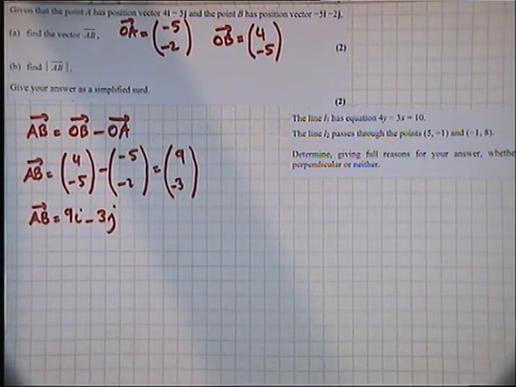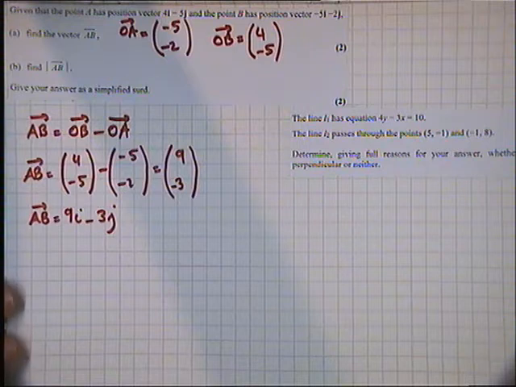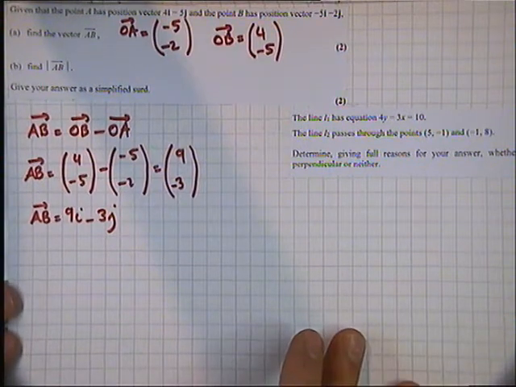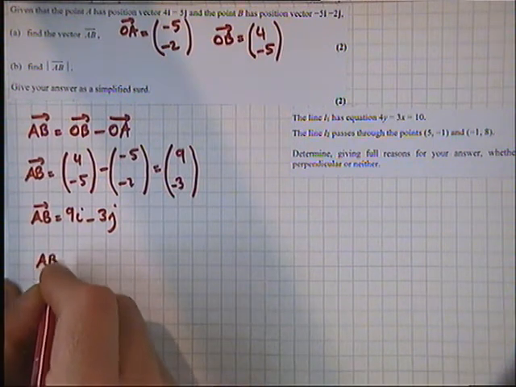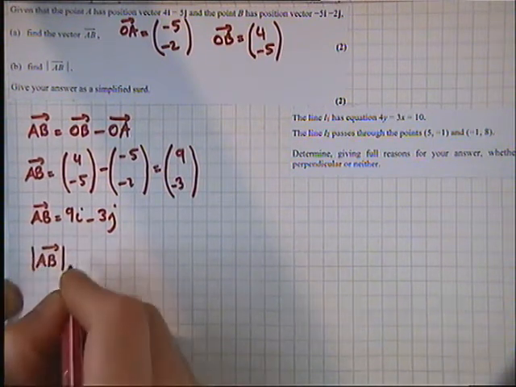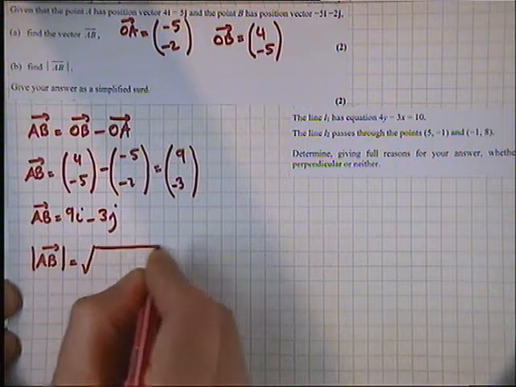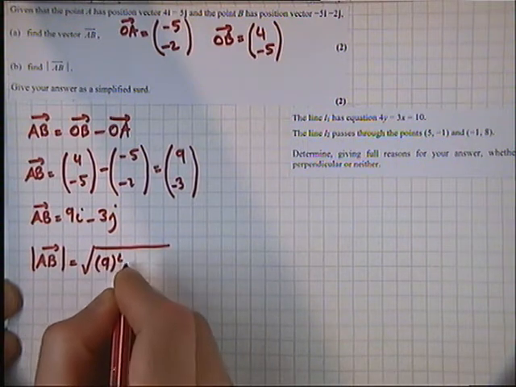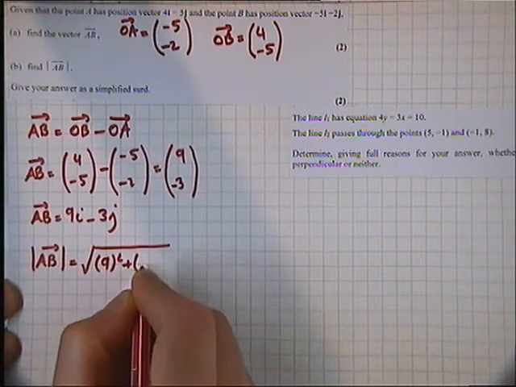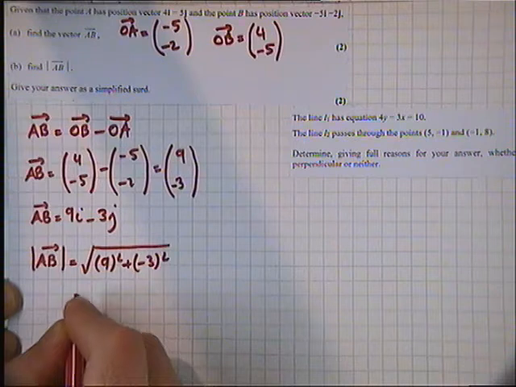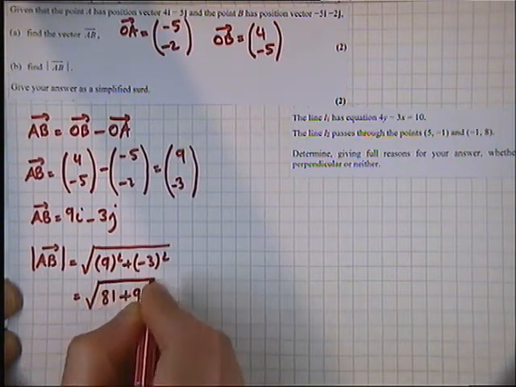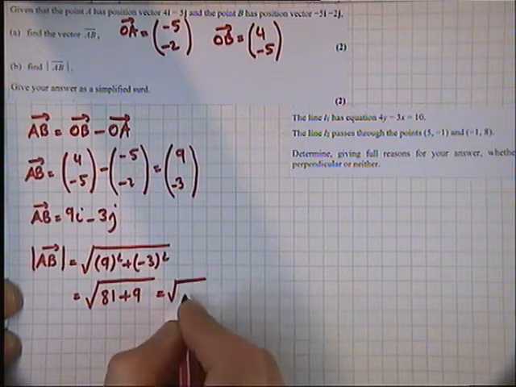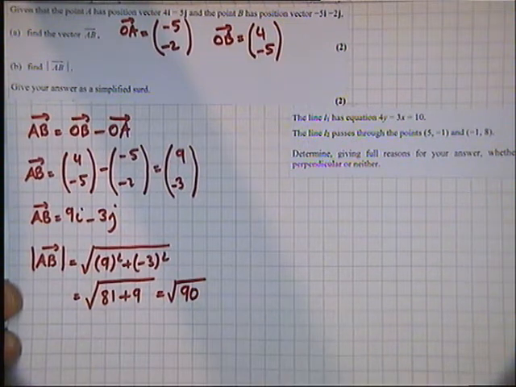Okay, so we've got the vector AB now, and now we're going to work out the length of AB or modulus of AB. Length of AB is equal to, using the Pythagoras theorem, square root of 9 squared plus minus 3 squared, which is 81 plus 9, which is square root of 90.